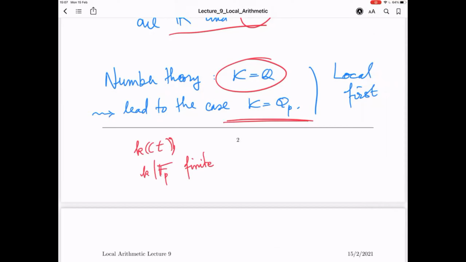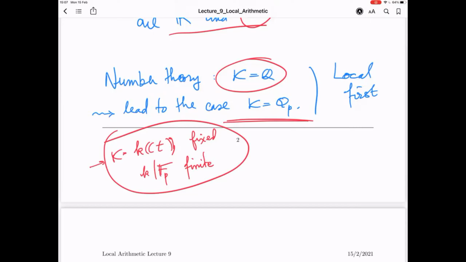So this is the case. This is also something of interest in local arithmetic, and we have done quadratic extensions of this when p is odd.